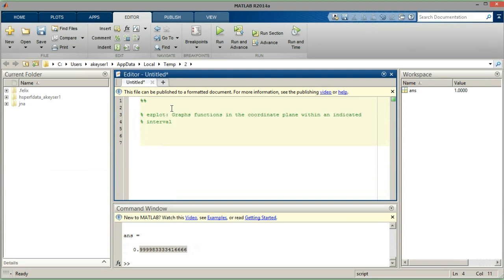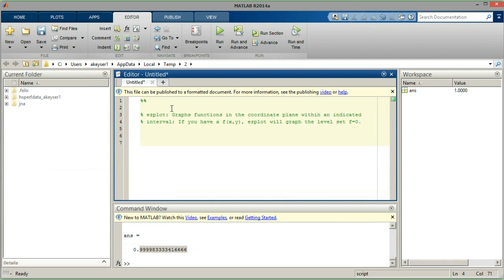So what's happening here is, if you have a multivariable function, so let's say a function of 2 variables, if you have a function f of x comma y, EasyPlot will graph the level set f equals 0, because again, EasyPlot is putting it in the coordinate plane.